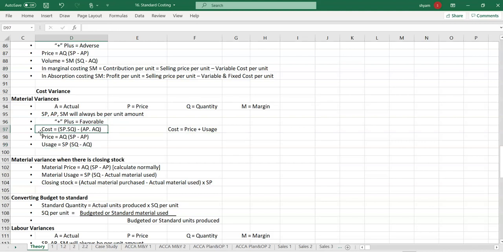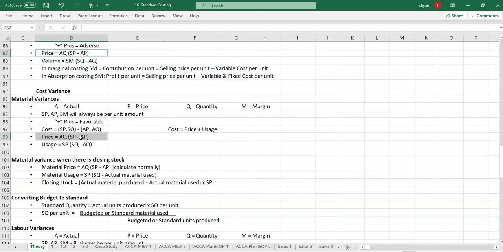Cost variance is very simple. It equals standard price into standard quantity minus actual price into actual quantity. That's it. What is price variance? Price variance is not something new. You can take the same sales price variance formula, which will repeat here. So what's the formula here?